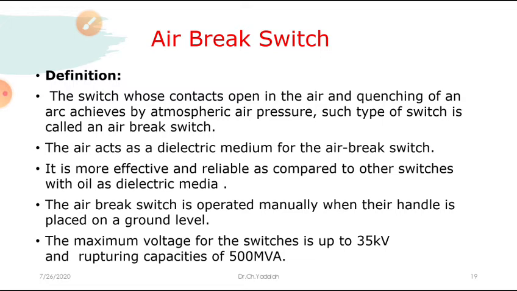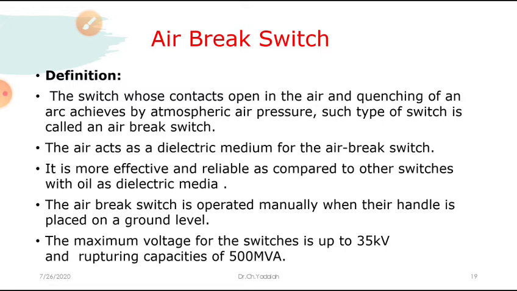is divided into LT voltage and HT voltage. LT voltage is less than 1000 volts, and HT voltage is above 1000 volts. Above 1000 volts we use the 11 kV and 33 kV systems.